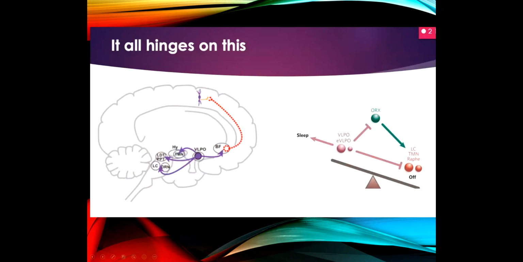All right, but when the ventrolateral preoptic area becomes more active and shuts down the orexin-producing neurons, they can't activate the ascending arousal system, and you fall asleep. Okay, so the orexin, the medial preoptic area, the ventrolateral preoptic area, and the ascending arousal system are the four main components in the transition between sleep and wakefulness and vice versa.